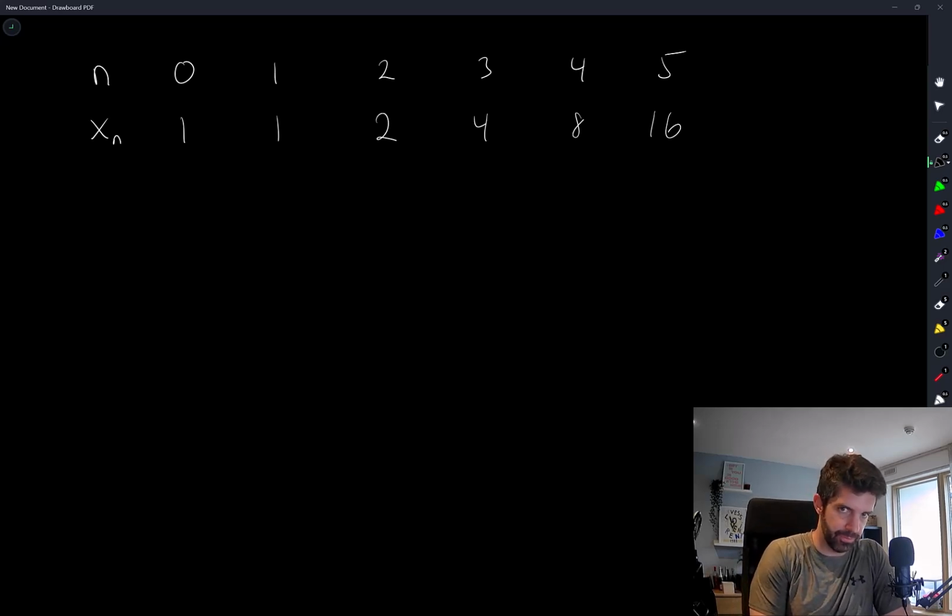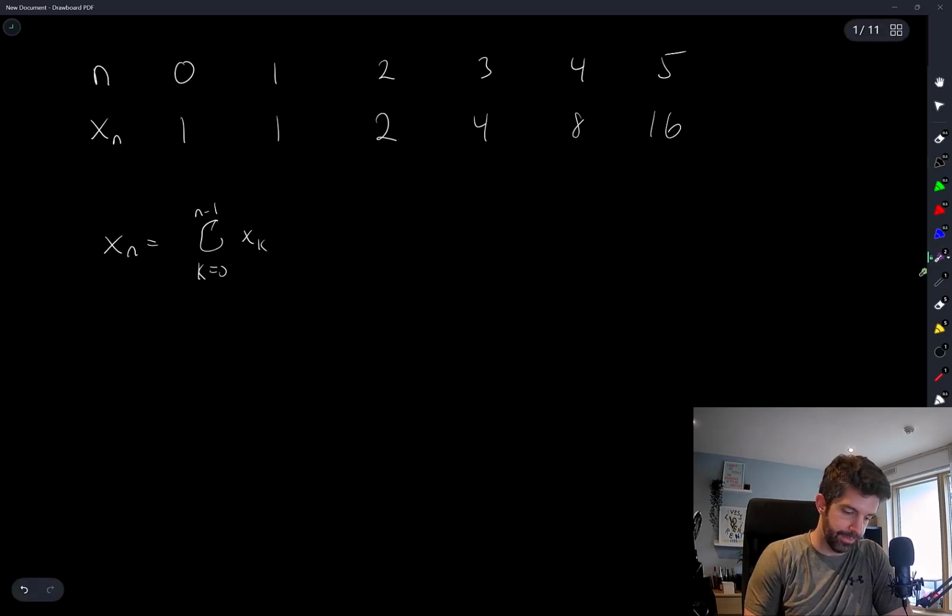And this comes from the relation x_n is equal to the sum k goes from 0 to n minus 1 of x_k. So to get the next number in the list, you just add up all the previous numbers in the list. So x_n is then going to be 2 to the power of n minus 1 for n greater than or equal to 1.